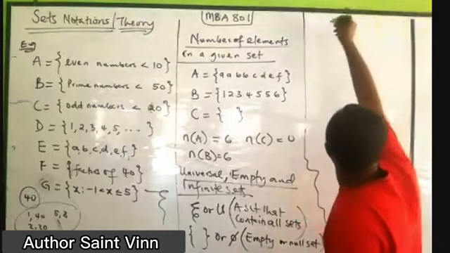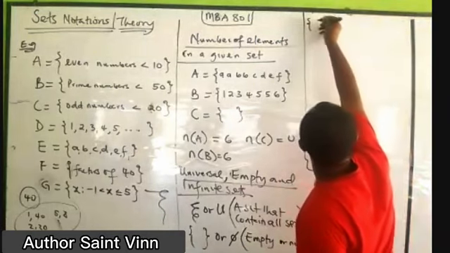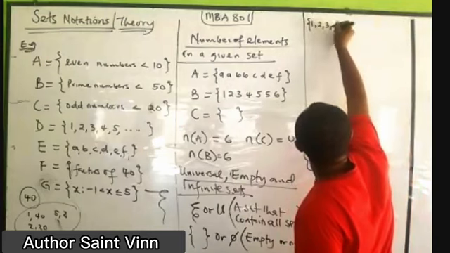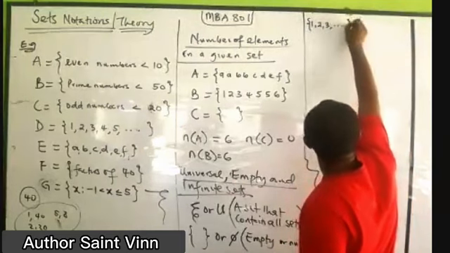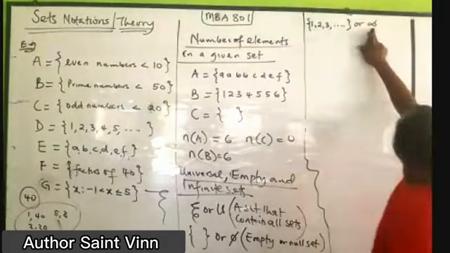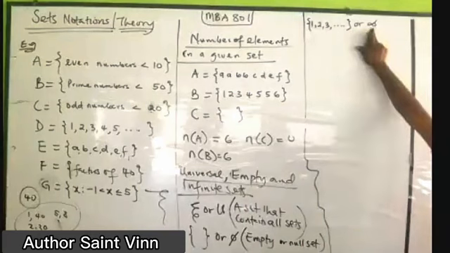Now, another one is infinite. When you see a set like this, 2, 3, and it continues, that means it's not ending. Look at this 8 that is sleeping.